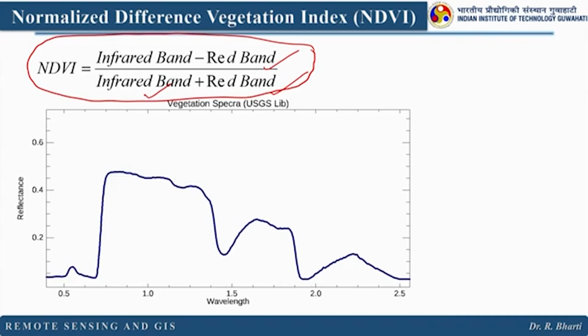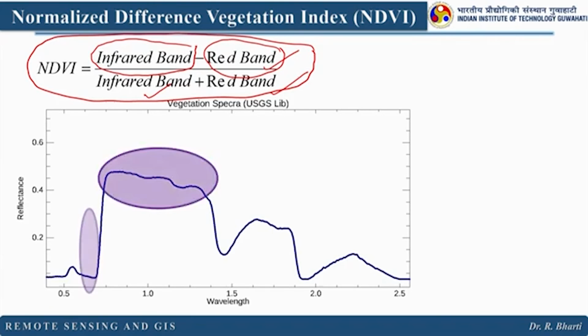So, whenever you are downloading a new type of data, you have to identify which band number is the infrared band and which band is your red band. Here in this case, we are highlighting these two particular absorption features as well as this peak, which is not visible to us because this is in the IR domain.